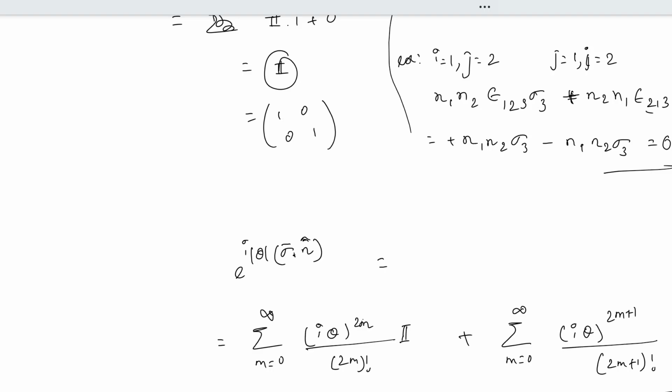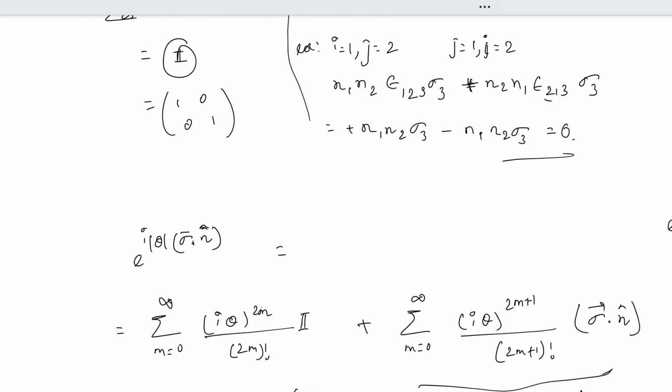So there are even powers like (ix)^0 by 0 factorial plus (ix) whole squared by 2 factorial plus (ix) whole 4 by 4 factorial. So these are the even power partial terms, plus the odd power partial terms are ix plus (ix) whole cube by 3 factorial plus dot dot dot. So you can express it like this.